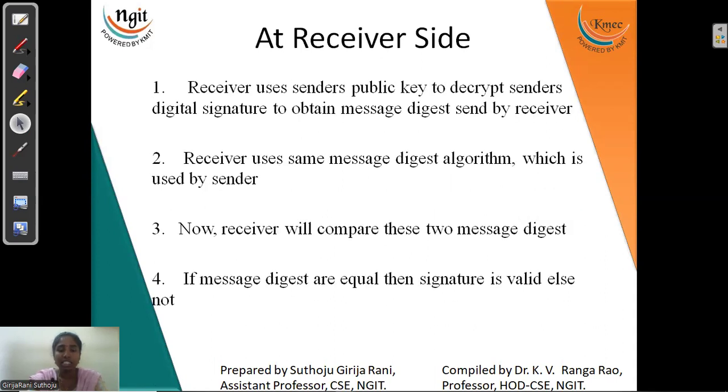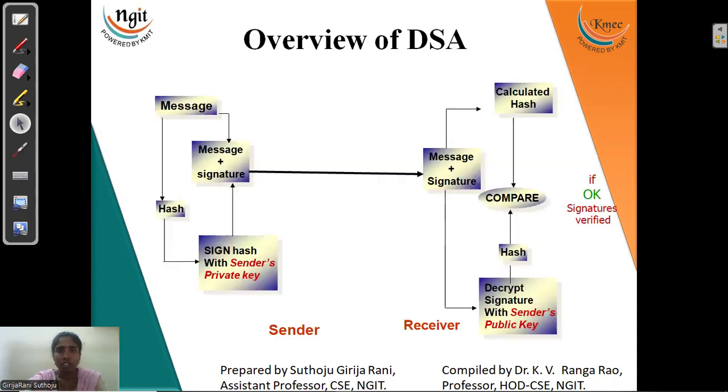At the receiver side, we have the signature generated by the sender and the signature generated by the receiver. Both need to be compared. If both digests are the same, then our signature is valid and our data is perfect. So this is what the DSA algorithm is.